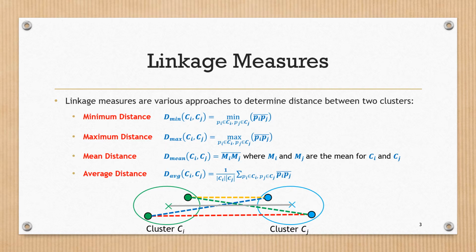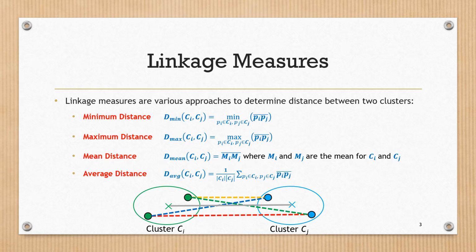We use colored dashed lines to represent distances between Pi and Pj pairs, and use gray solid line to represent the distance between the green and blue X marks.